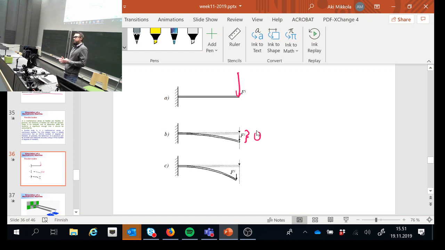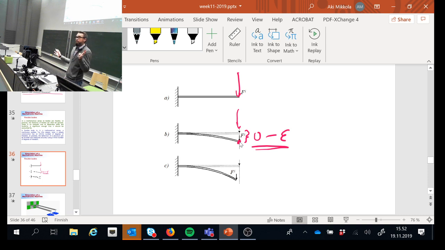Often when the deformation is small, I can assume that relation to be linear. But the consequence of assuming that the strain-displacement relationship is linear is that the free end of the cantilever beam will remain on this loading line.